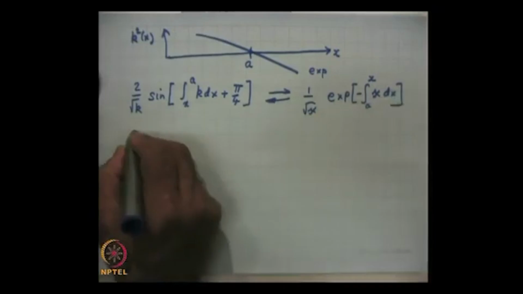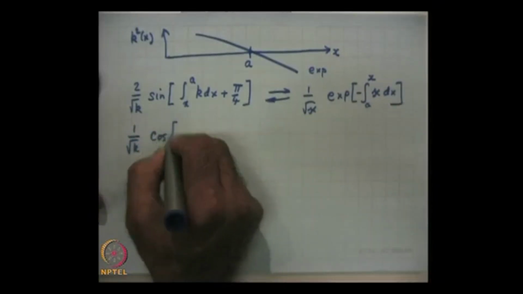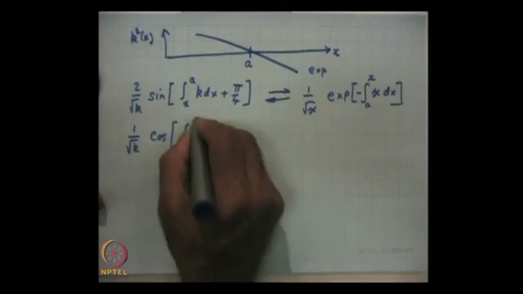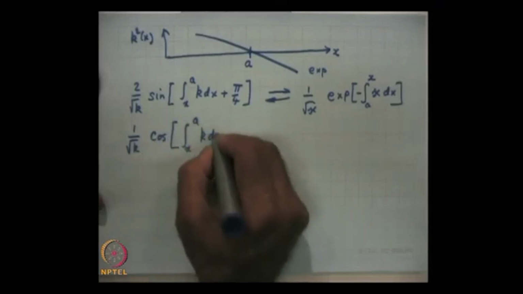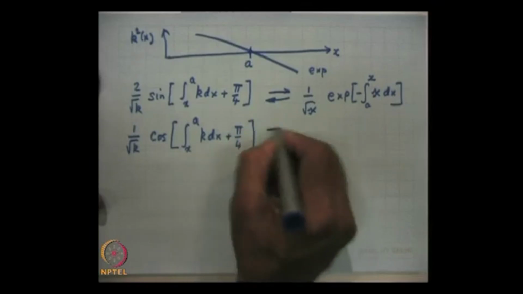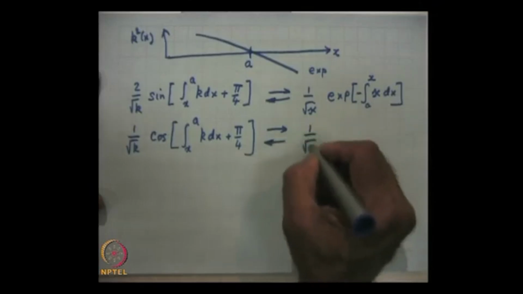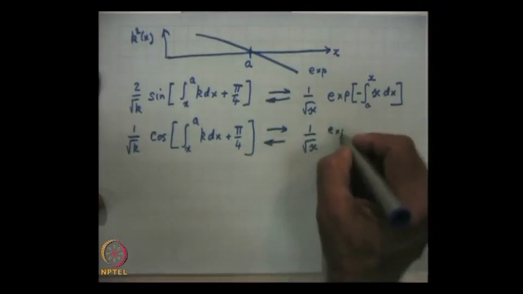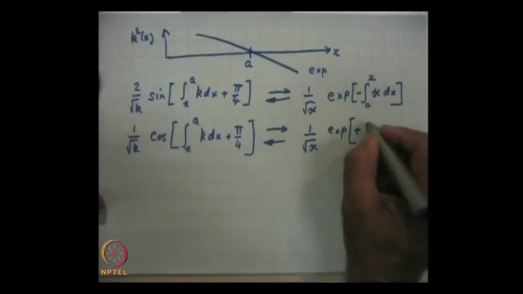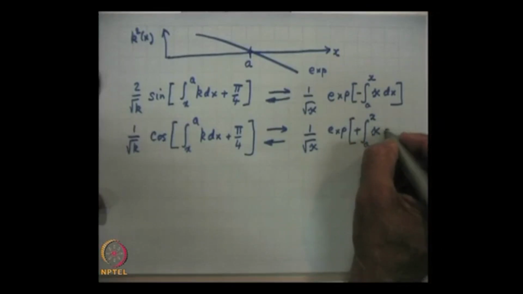And similarly, we had 1 over root k cos of the integral from x to a of k dx plus pi by 4 goes over to the exponentially amplifying solution. So, 1 over root k exponential of plus the integral from a to x of kappa of x dx.